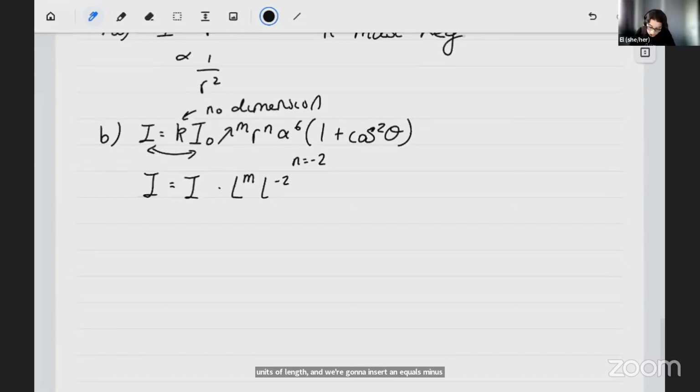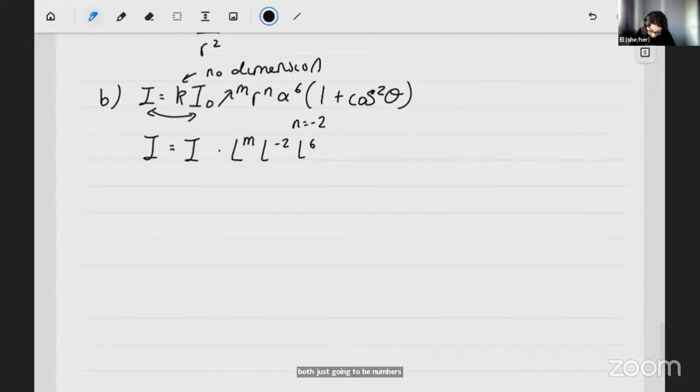And then we've got alpha to the 6, and we know from the question that alpha also has units of length. And then we know that 1 and cos squared theta are both dimensionless. They're both just going to be numbers. So we've got nothing to add there.